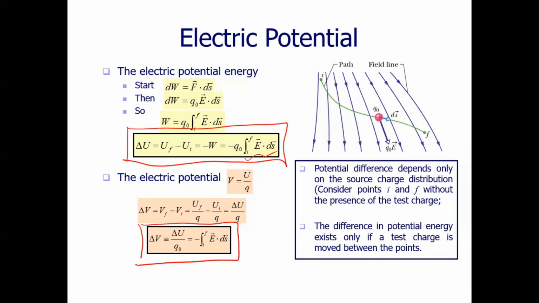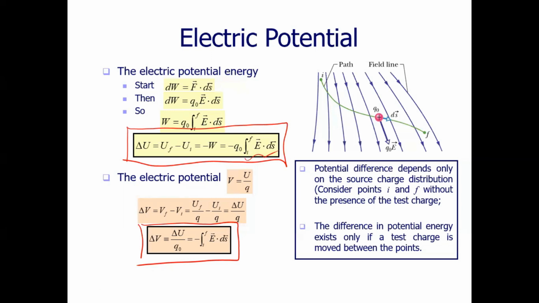The first is for the potential energy: it is the negative of the charge and the path integral. And the change in the electric potential is just the negative of the path integral. The path integral is just the integral of the dot product of the electric field and the element of the path that has been taken.